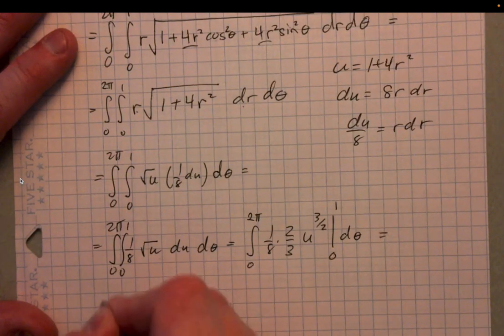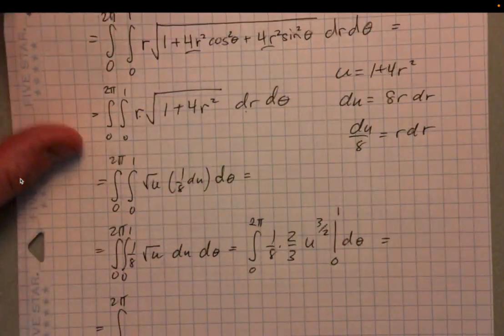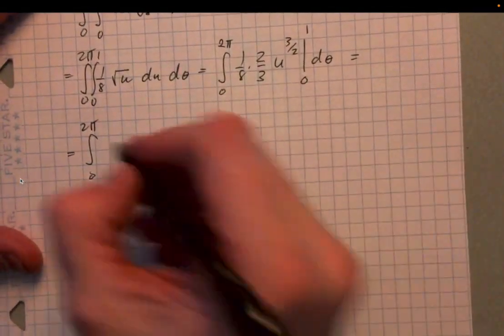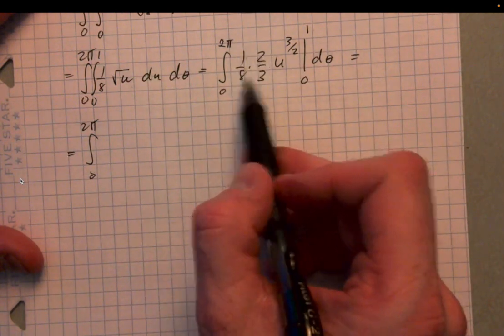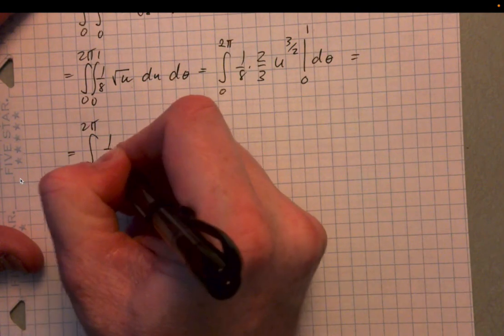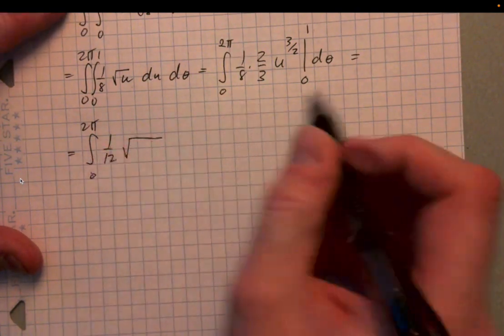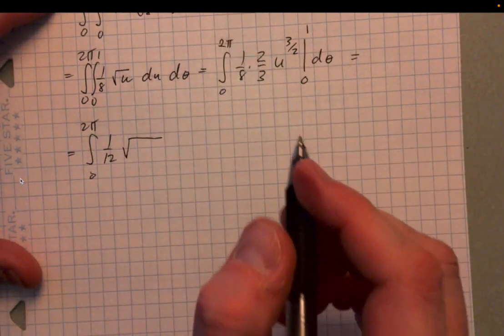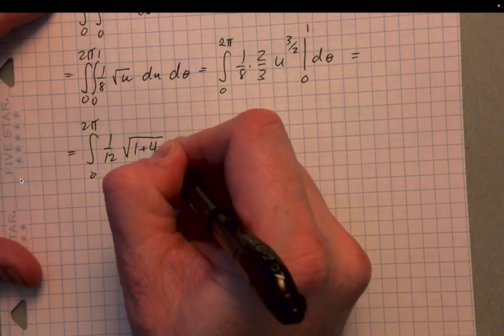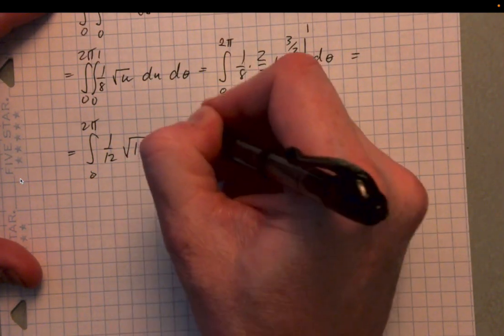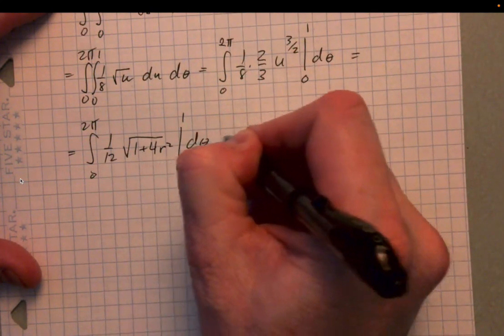And so this is 0 to 2 pi times, and this will be 1, so that'd be 2 over 24, so 1/12, the square root of 1 plus 4r squared. Okay, so 1 plus 4r squared, and then that goes from 0 up to 1 d theta.